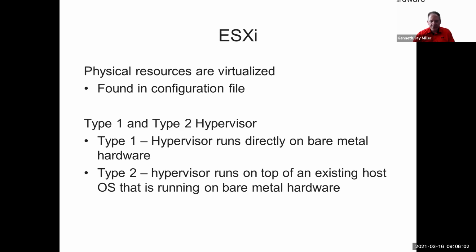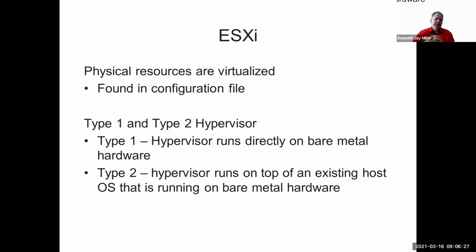So for our virtual machines, the VMX is the configuration file. Then the VMDK is the hard disk file. So those two files are the ones we're going to have to use when we build our clones. So the physical resources are virtualized and they're found in those files.